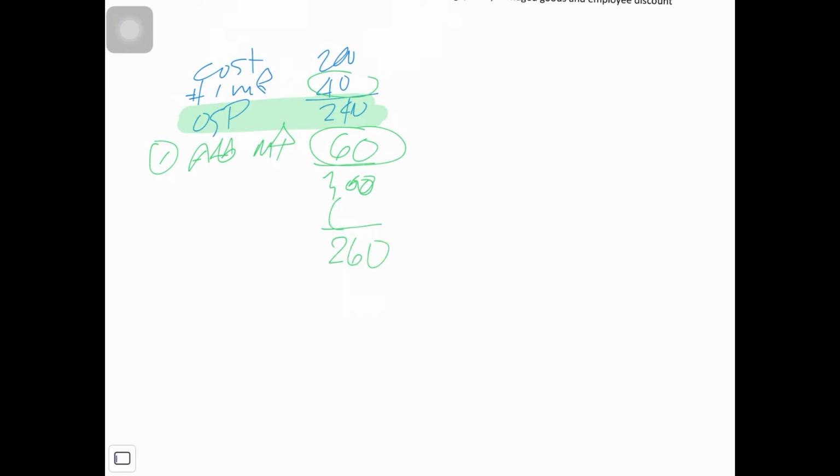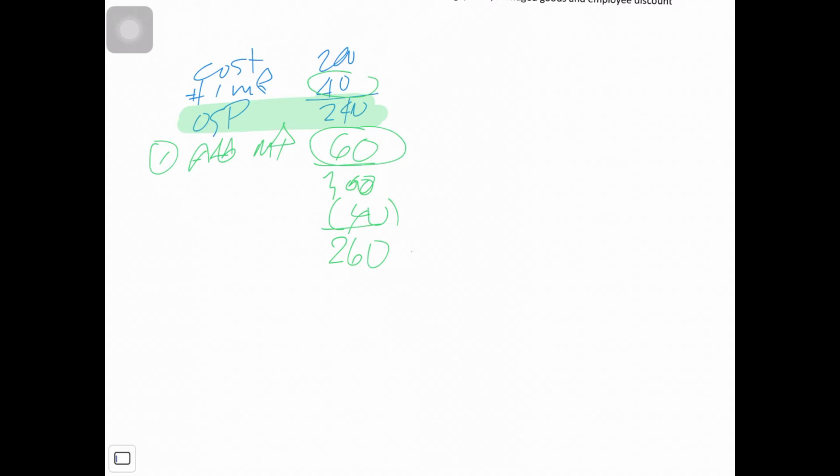We will highlight this, guys, to check whether it is a markup cancellation, markdown cancellation, and so on. If, for example, from 240 you add more markup, making it 300, you have added 60. That 60 is an additional markup. Then we realize we will discount it to 260, so you deduct 40.